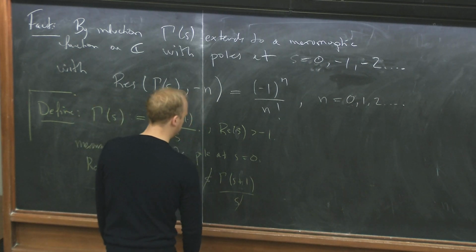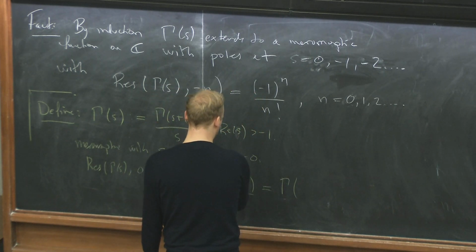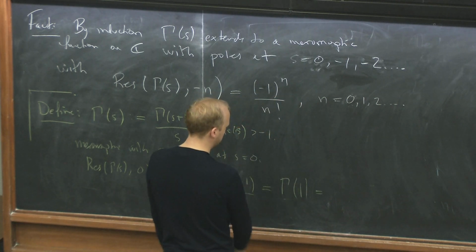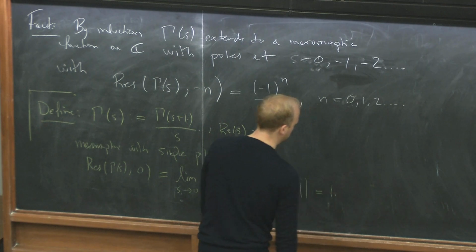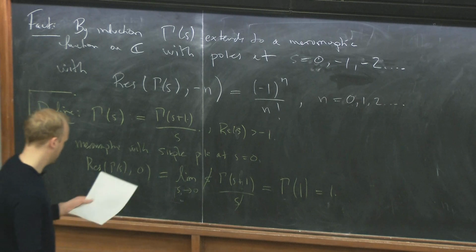Of course, these cancel, and this is equal to gamma of 0 plus 1, so gamma of 1. And this was the integral from first year calculus, which was equal to 1. So we know that the residue here is equal to 1.